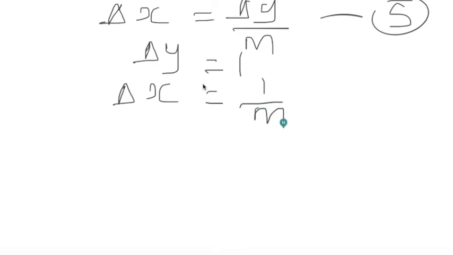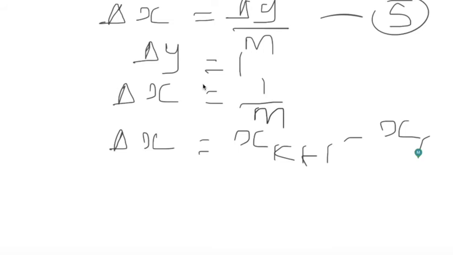We know that the x interval delta x can also be written as xk plus 1 minus xk, similar to what we wrote for delta y. Each time the value of k is incrementing by 1. At the first position, k is equal to 1, so delta x is x2 minus x1, and similarly it continues.